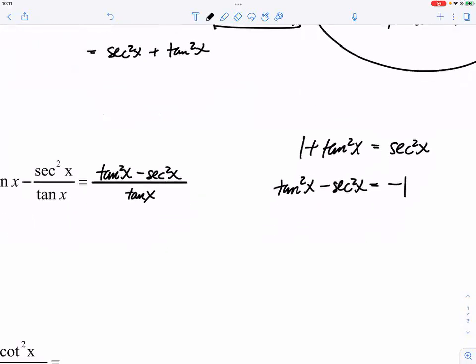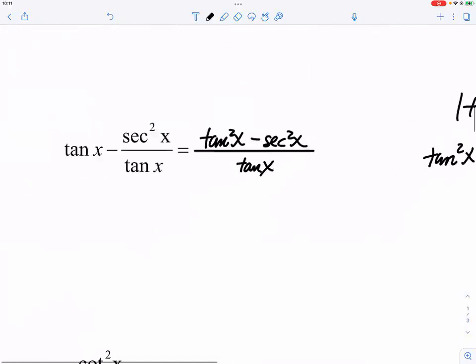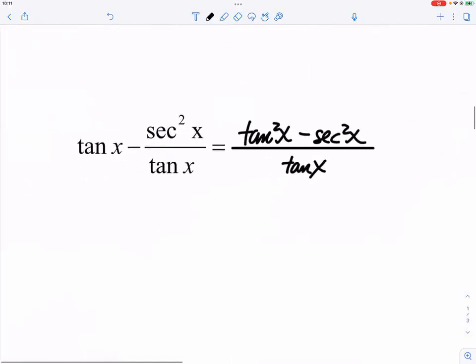Yes. How did I get what? Here? Because when you do the common denominator, you do this, right? Common denominator, that's a denominator of 1.